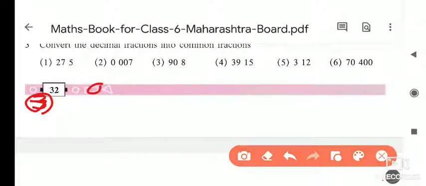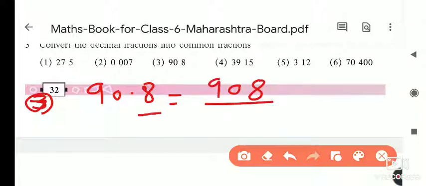Next question, third: 90.8. We have to do its conversion. First write the number, 908, and after the point one digit is there, so give 10 below. So 908 upon 10 is its answer.